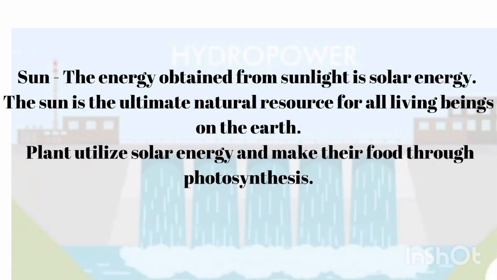On the earth, the plants utilize solar energy and make their own food through photosynthesis. What is photosynthesis? Photosynthesis is a process whereby green plants manufacture their own food in the presence of sunlight and carbon dioxide.